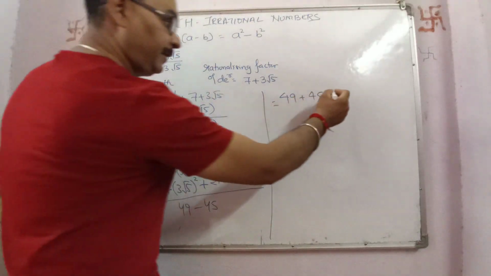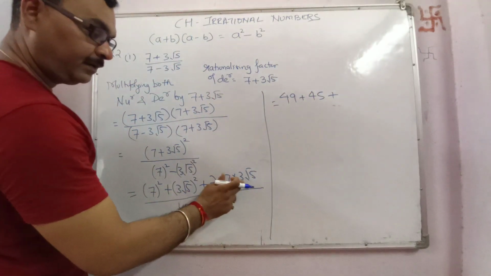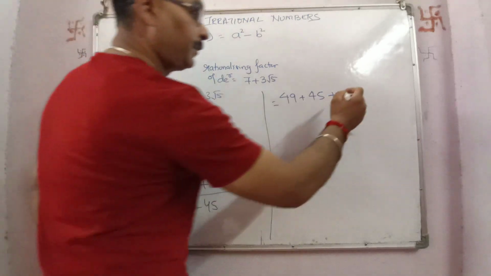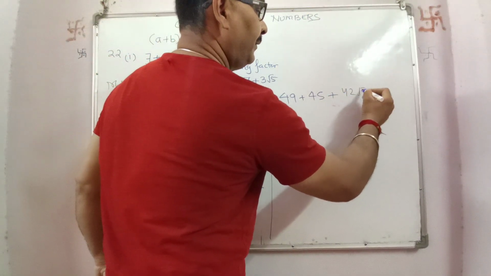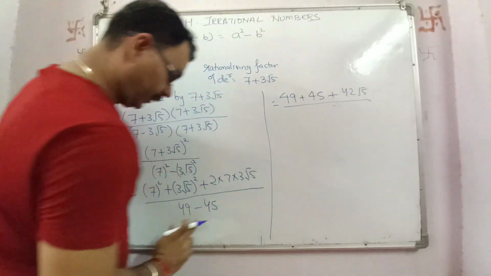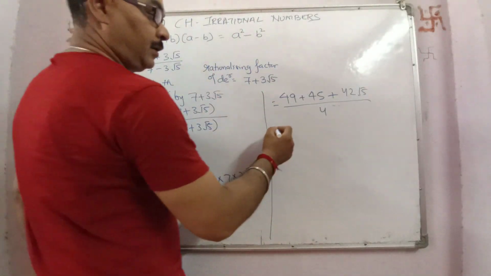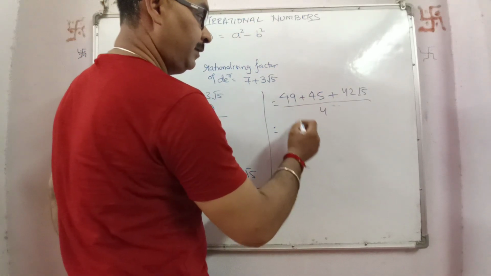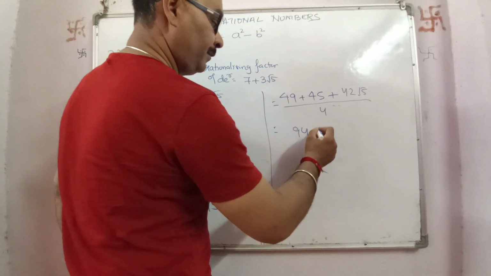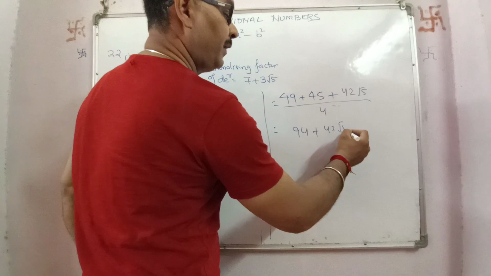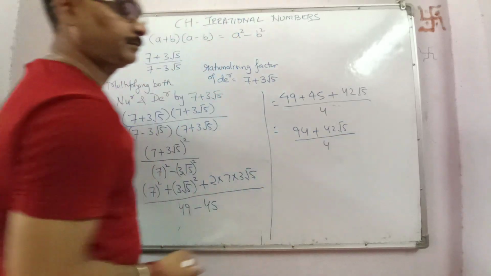Plus, sorry, 2 times 7 times 3 is 42, so 42√5, upon 49 minus 45, that is 4. Now 49 plus 45 is 94, so 94 plus 42√5 by 4.